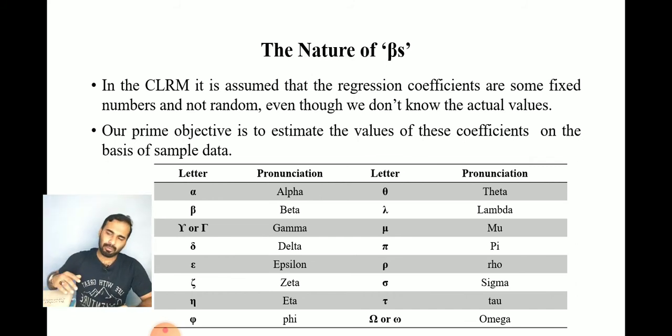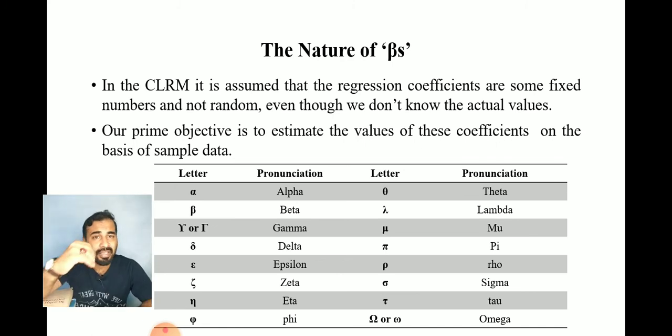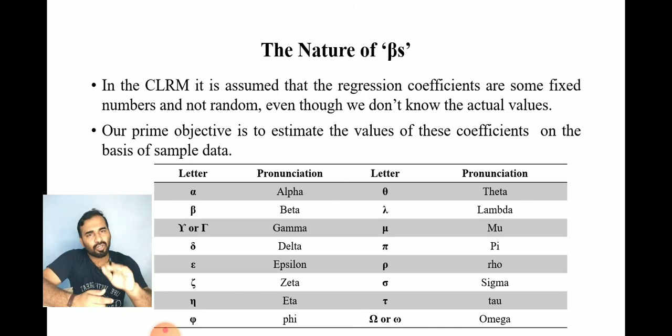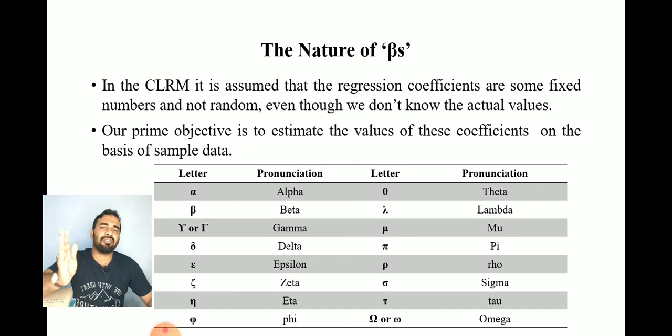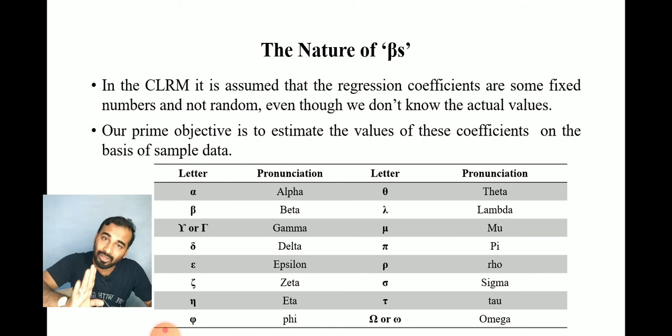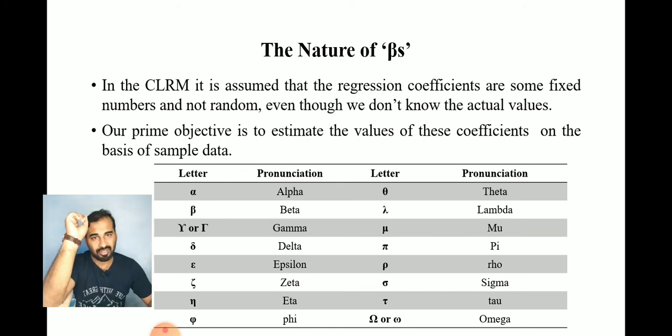What I am trying to say is that in many books they use many different coefficients. In our classes we will use alpha, beta, or beta 0, beta 1, beta 2, something like that. But in some books they use alpha, beta, theta, gamma, lambda, then pi, tau. These are all Greek letters used only to denote a coefficient.